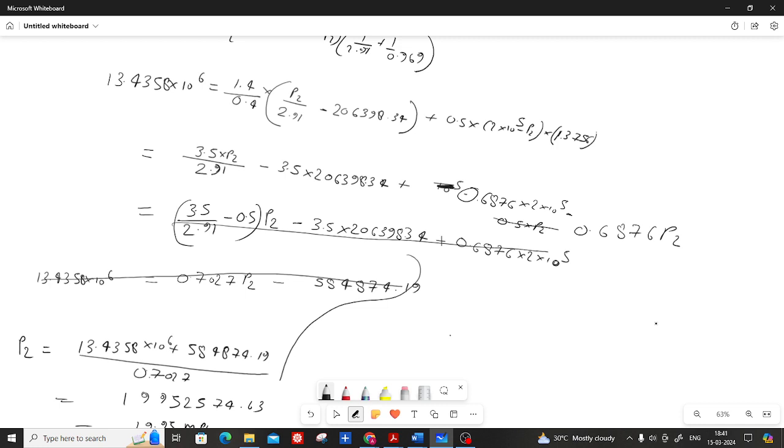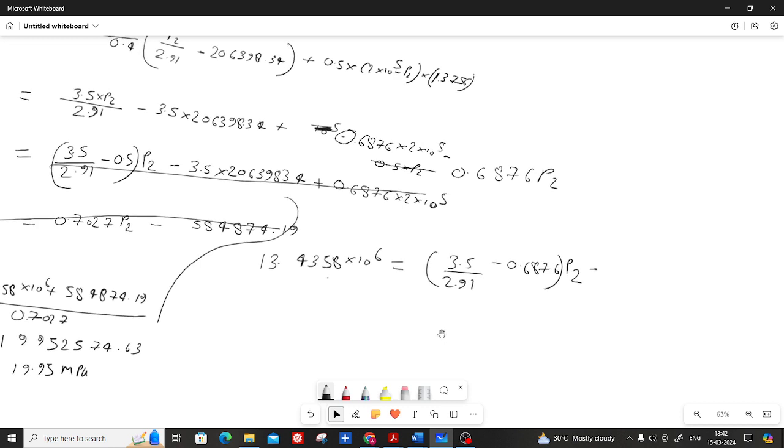It will be 13.4358 into 10 to the power 6 is equal to 3.5 upon 2.91 minus 0.6876 into P2 minus 3.5 into 206,398.34.